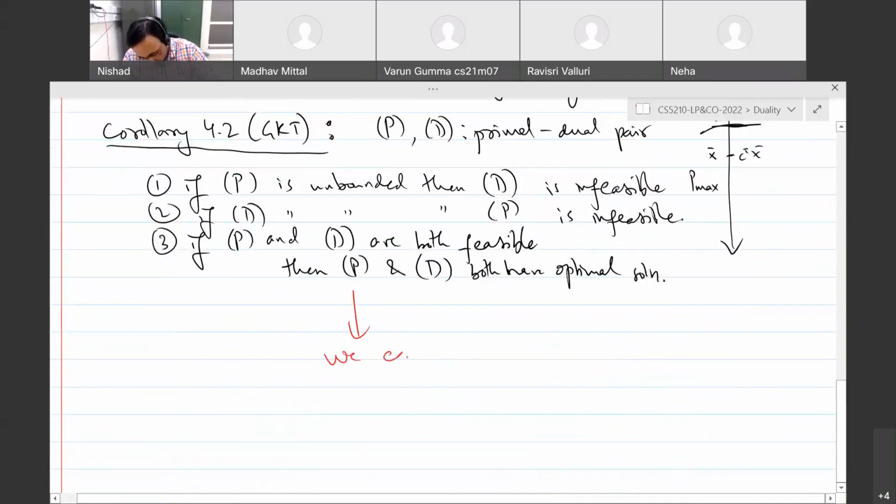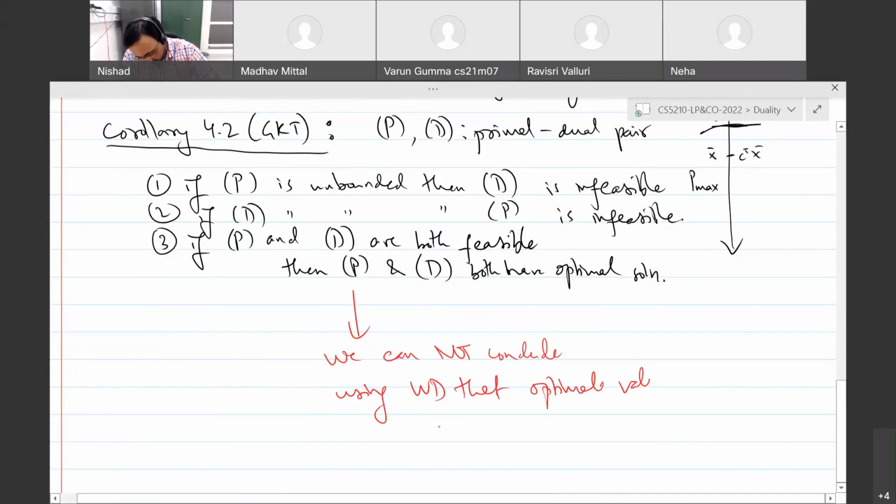We cannot conclude using weak duality that the optimal values of P and D are equal.